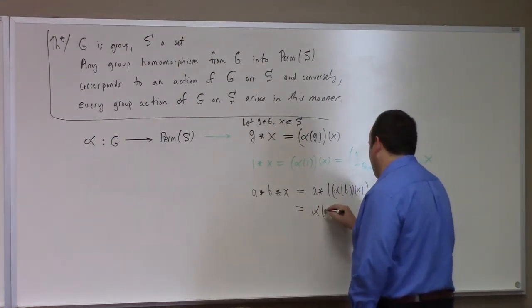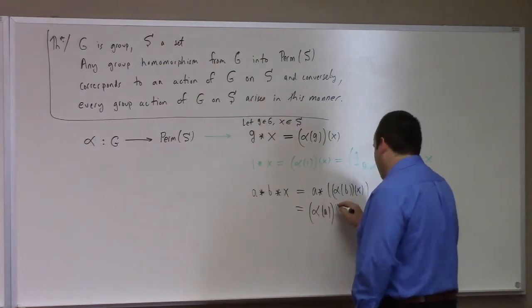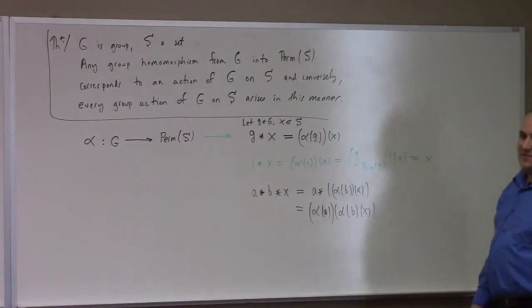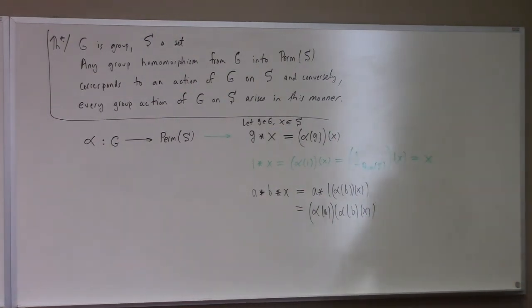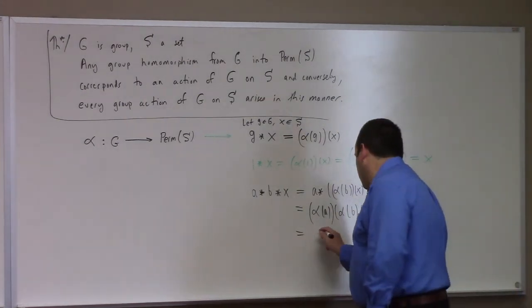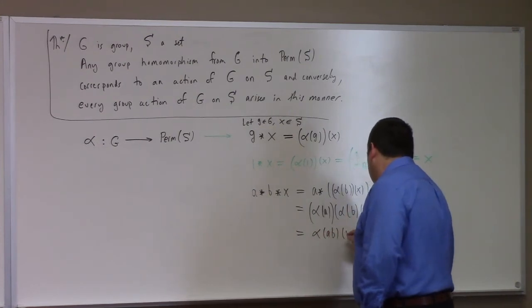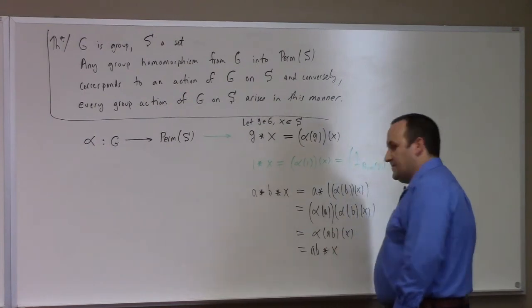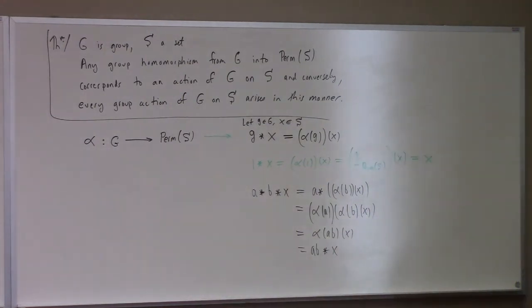Alpha of A of alpha of B of X. But alpha of A and alpha of B are what? These are permutations, and alpha is a homomorphism. So this is alpha of AB acting on X, which of course is AB acting on X. So anyway, that is a good part of the proof that Sam was right. That is how we should build an action from the homomorphism.